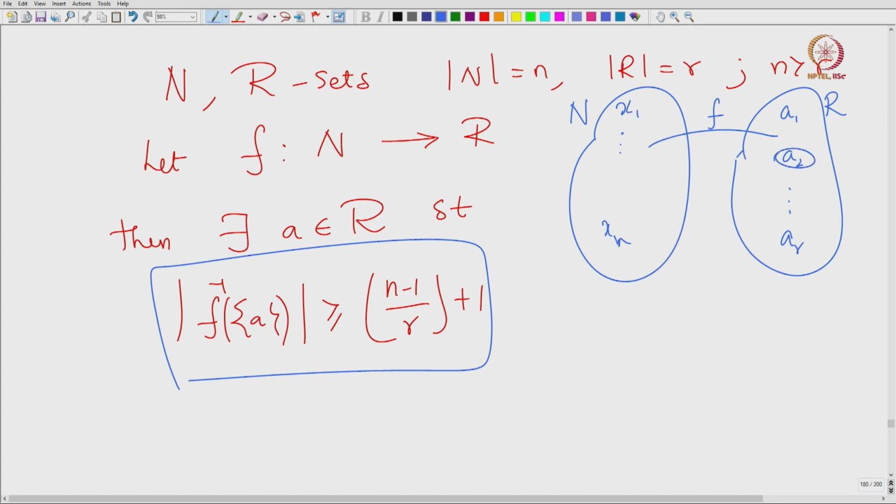For each element we look at the pre-image, and we want to guarantee that at least one pre-image has at least 1 plus the floor of (n minus 1) divided by r elements. That is guaranteed by the pigeonhole principle. Of course, the proof is not very hard. If we assume by contrapositive that there is no such a, then we arrive at a contradiction.